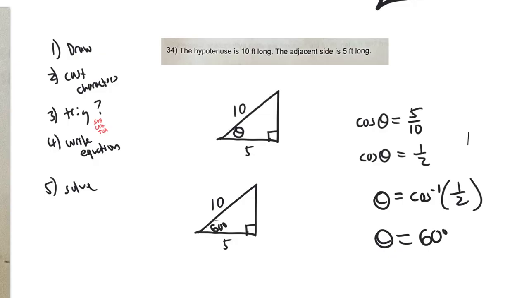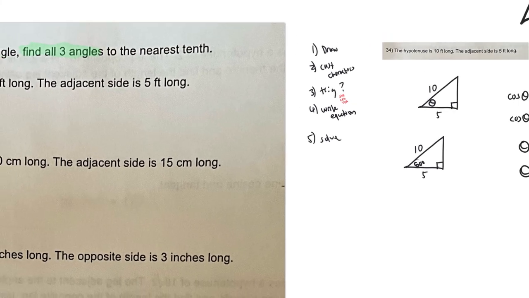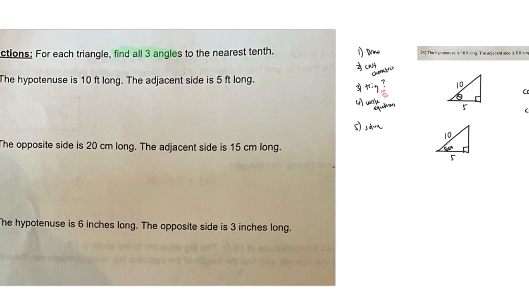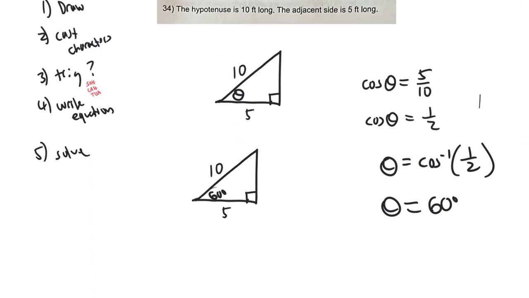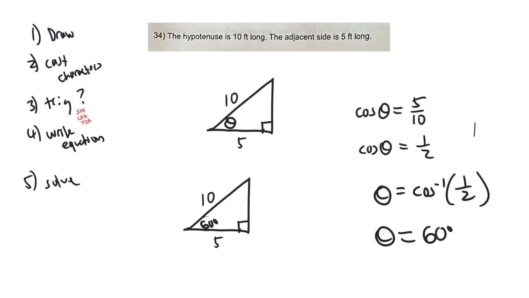Now, we want to find all 3 angles. That is what the directions called for. See the green thing? Find all 3. Well, we have 2 of them, don't we? We know that that's 60, and we know that that's 90.